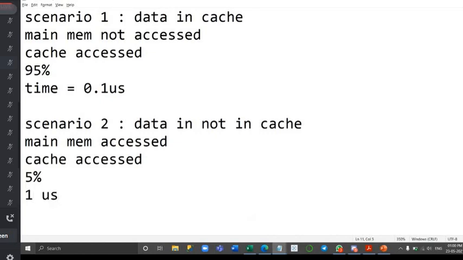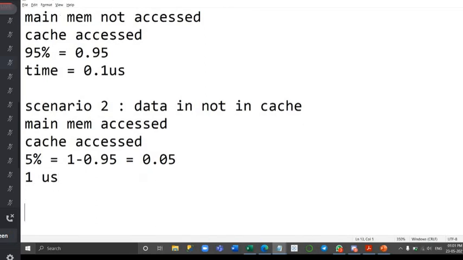So if I have to find the total access time, I need to multiply by the probability, I mean the total times this particular thing has been accessed. So this becomes 0.95, and this becomes 1 minus 0.95, which is equal to 0.05. So it becomes 0.95 into 0.1 microsecond total access time.